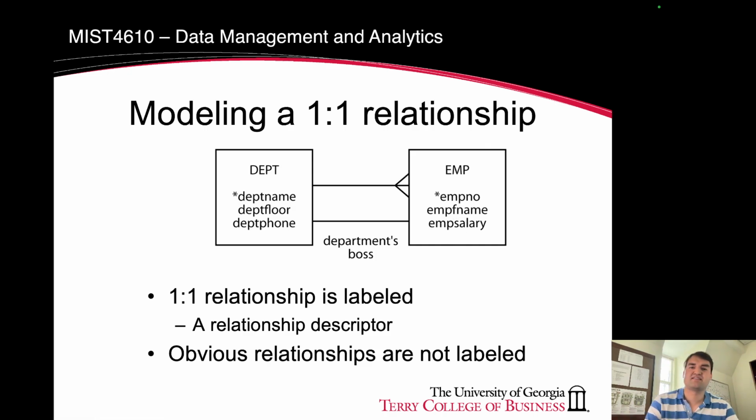But that's not really the best way to do it, because for most people, they're not going to be the boss of a department. Instead, I'd recommend that on the department entity, you put the department boss as a foreign key that references the employee number from the employee entity. That'd be my preference. You always want to minimize the amount of null values, but technically speaking, either approach would work and be functional.